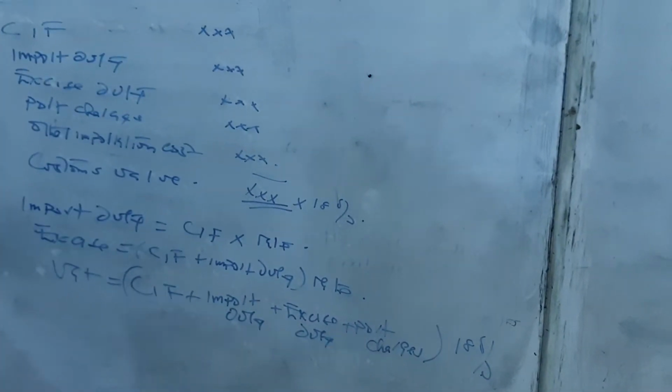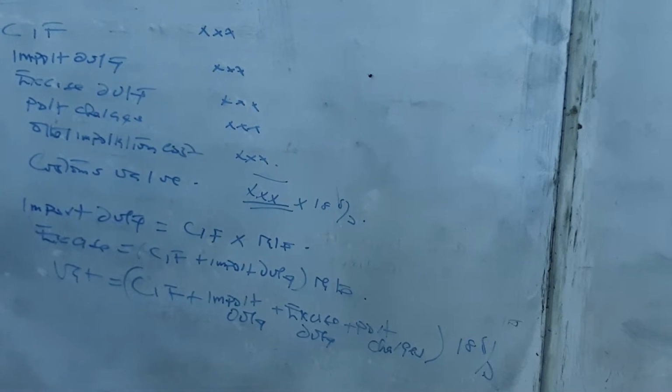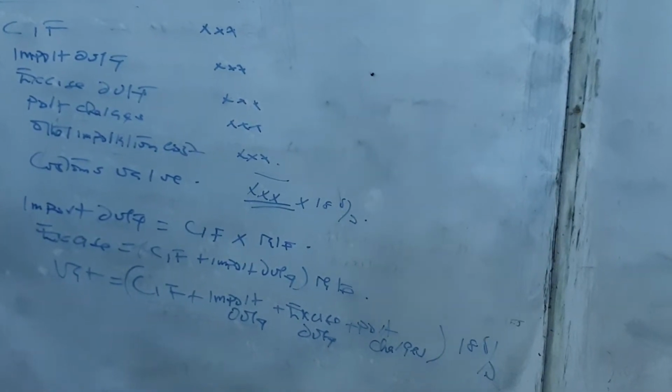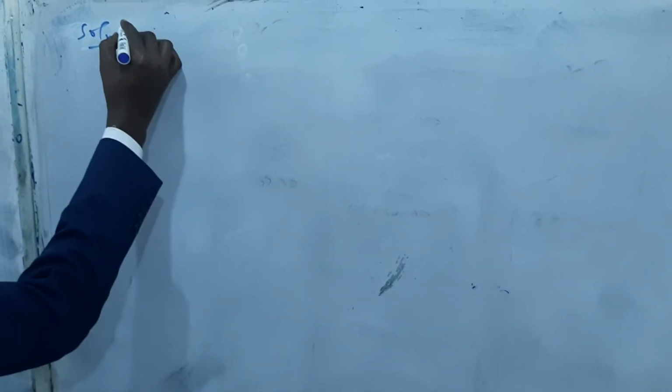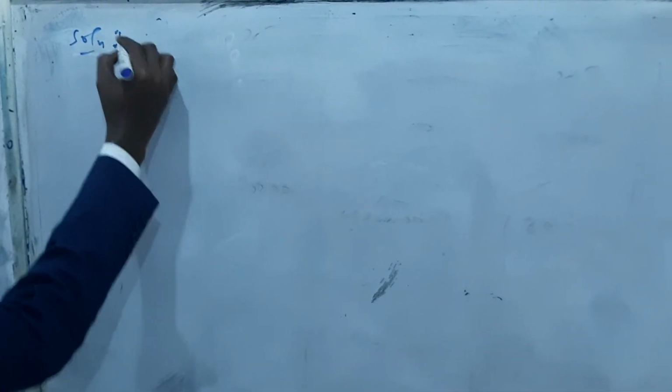So that is how you get the VAT on the customs valuation. That is for the Mass Breweries, where Mass Breweries is dealing with the imports.